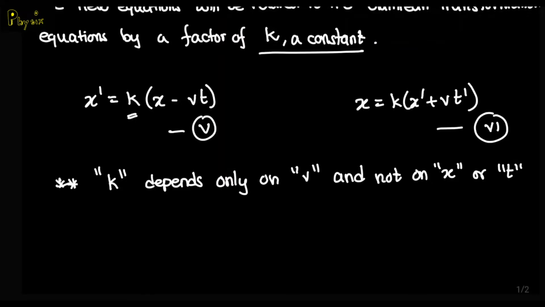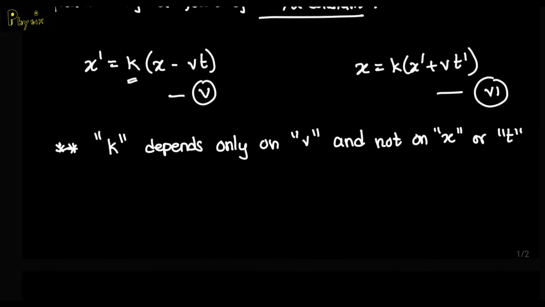Using equation 6, we can play around a bit and find the value of t prime. So we combine 5 and 6 and we find a value of t prime using the following mathematics and algebra. So we have x is equal to k, x prime plus v t prime using equation 6. And then again, equation 5 gives us one representation of x prime, right?